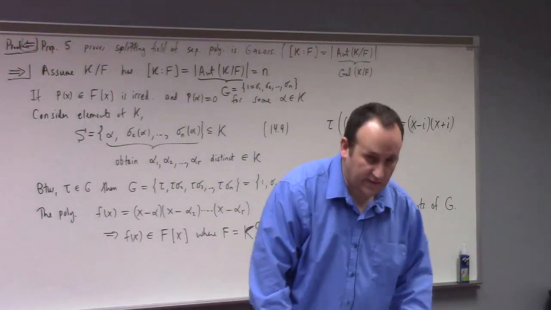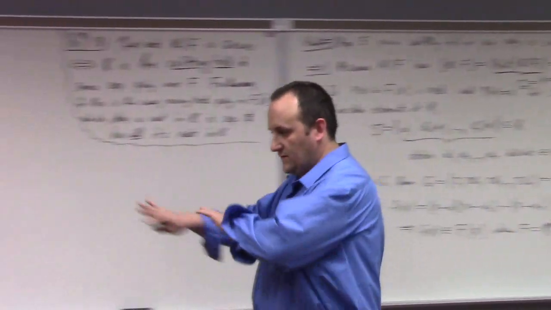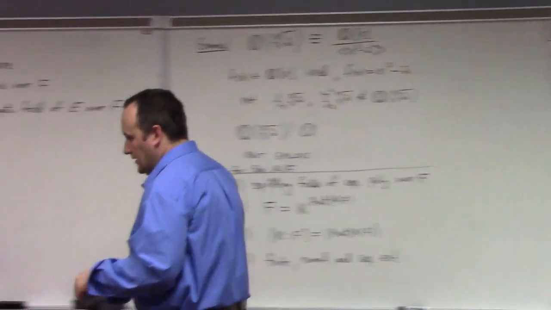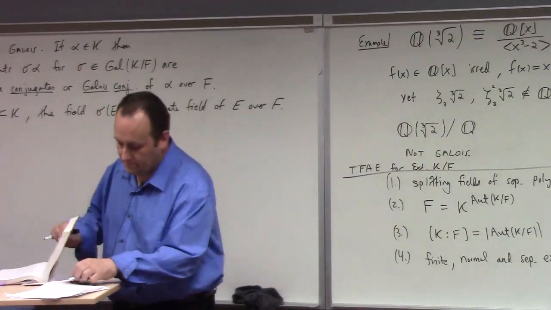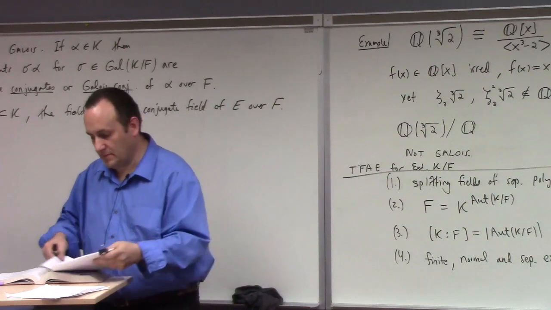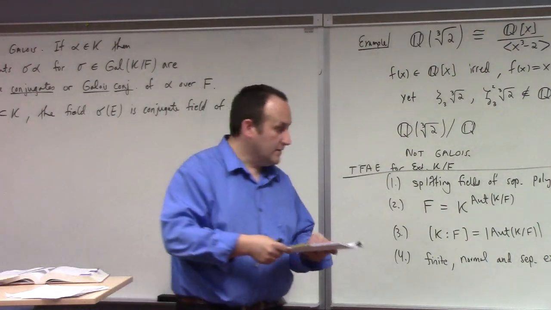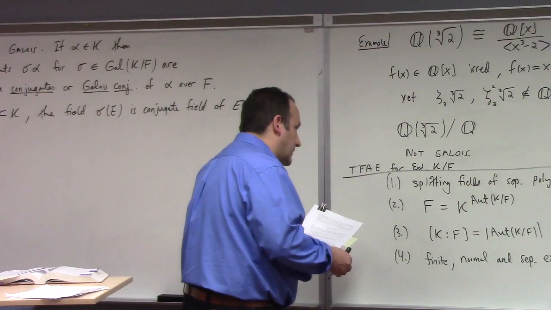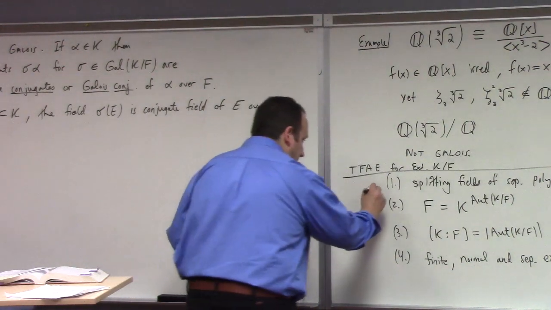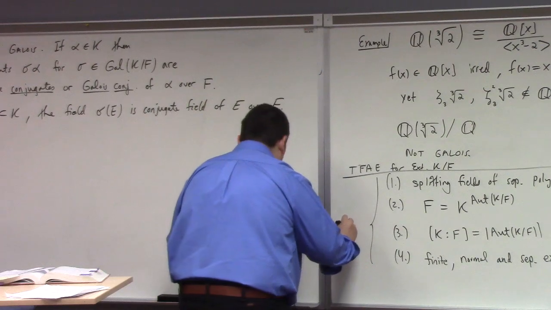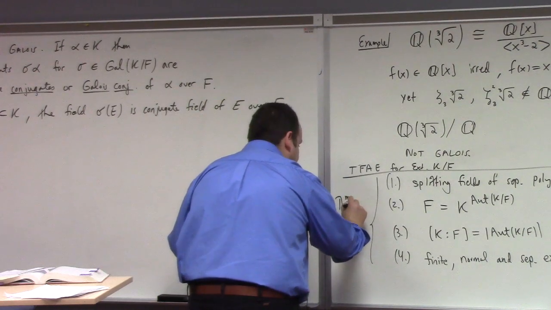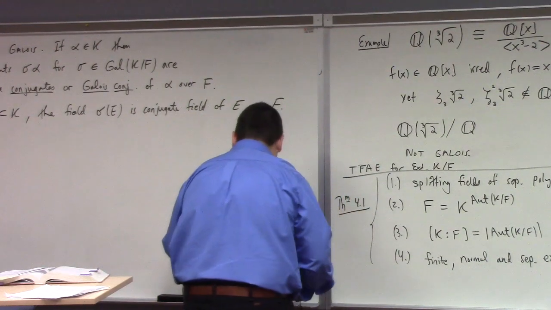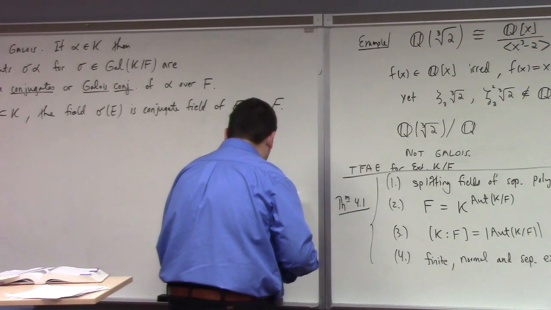I just want to draw your attention to where the dictionary is between these 2 resources. In particular, in the Galois Correspondence by Conrad, this is his theorem 4.1.